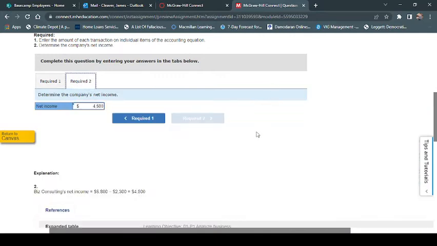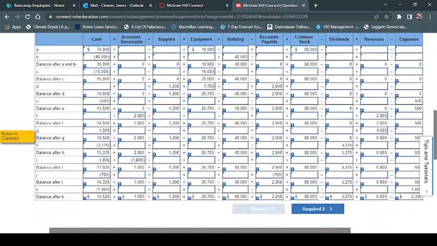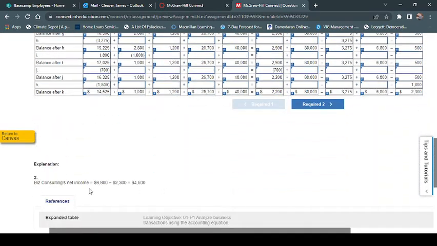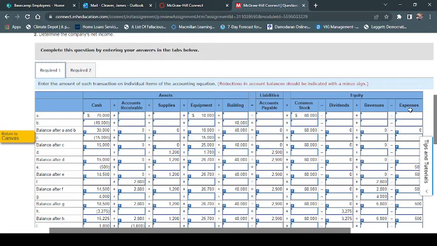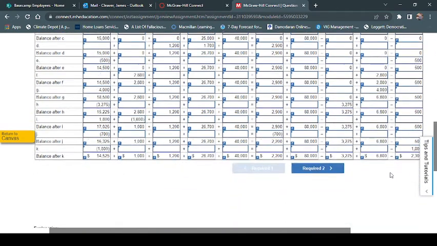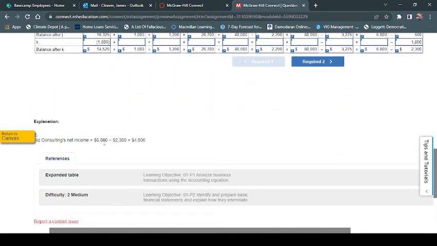And requirement 2 is our net income. What was it? Right down here. Here's how you get net income. 68 minus 23, that's revenues minus expenses to get net income. 6,800 minus 2,300 is 4,500.